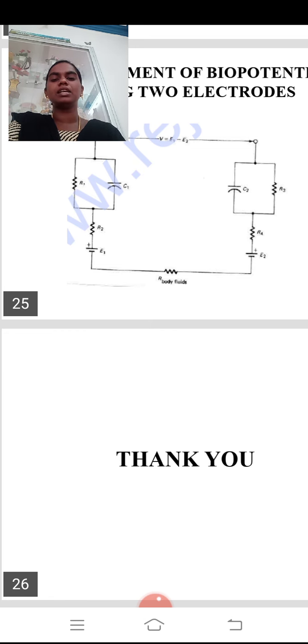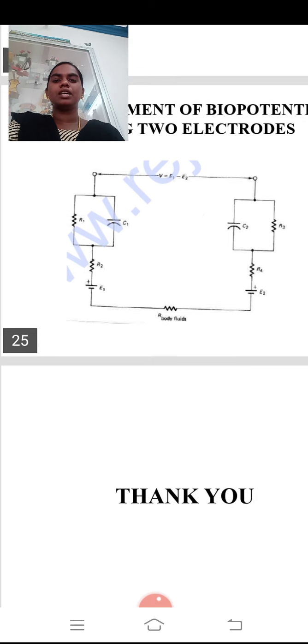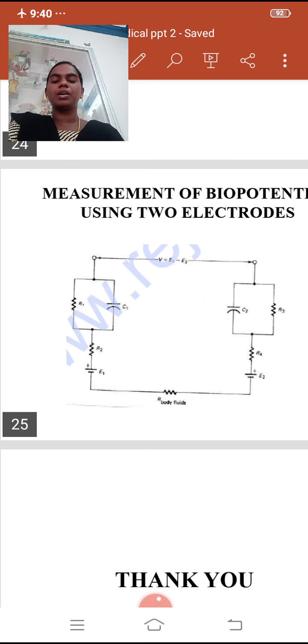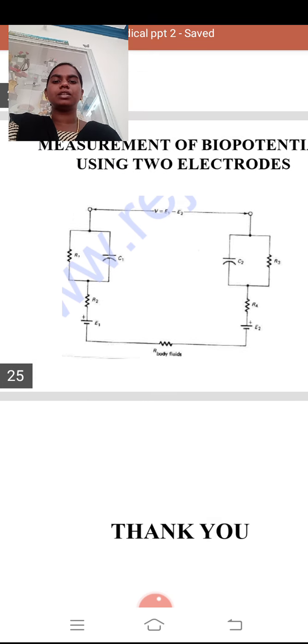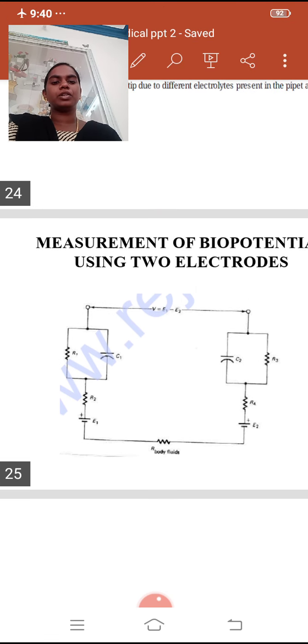Otherwise, inside the electrode, some repairs are needed, that is, the solution or the metallic part or some other arrangement may fail to monitor. In that time also problems occur. These are all the problems related to the bioelectrodes used to measure the biopotential.